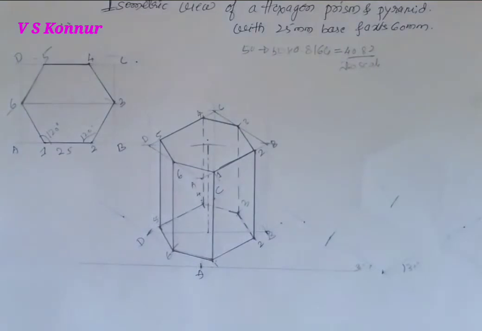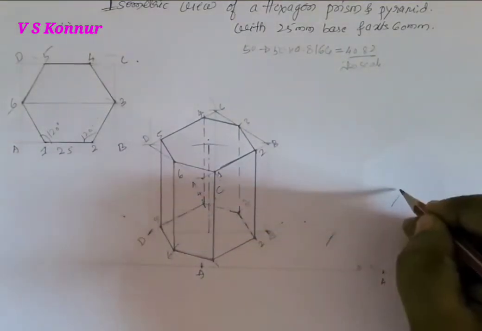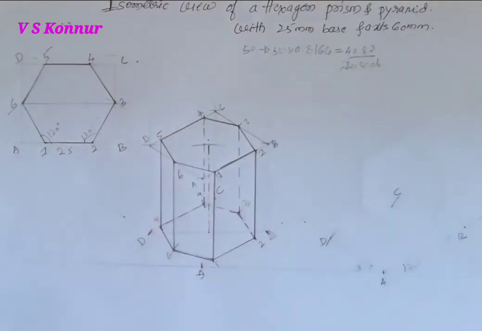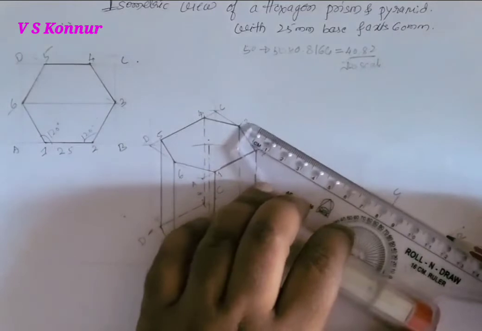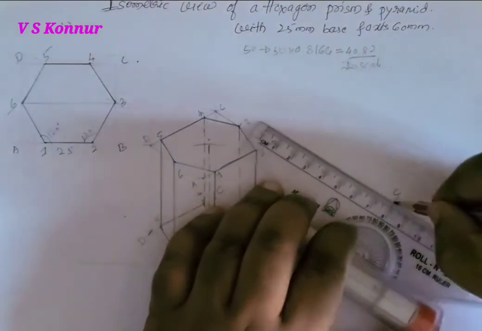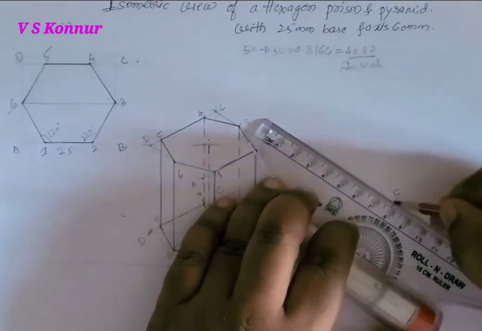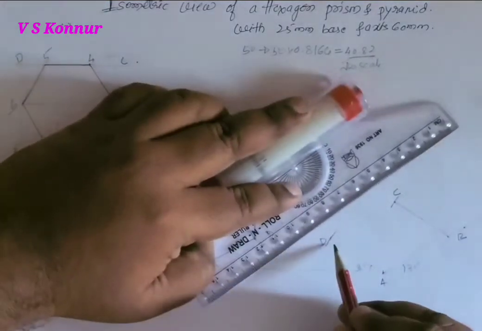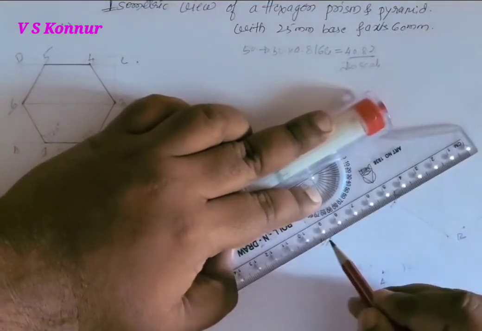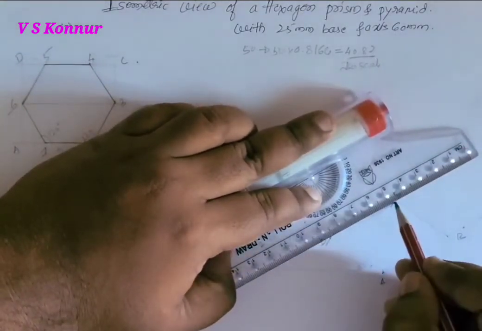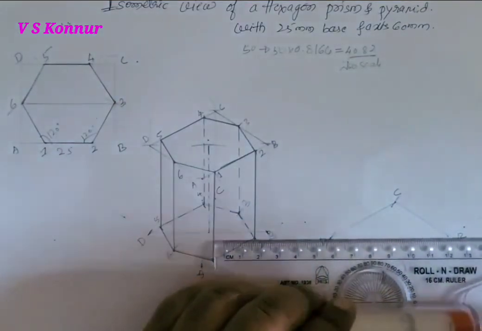Now we got all the points. Just join all these points. And we'll take the center by joining the corners.